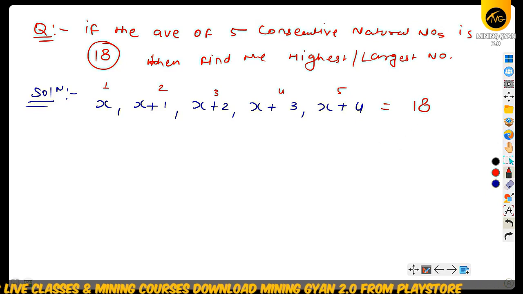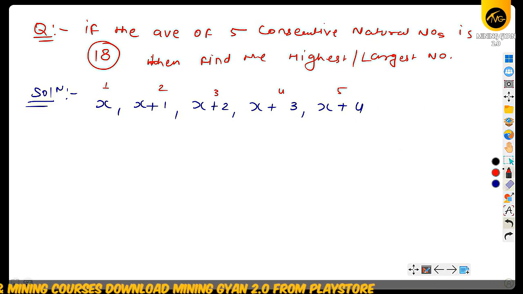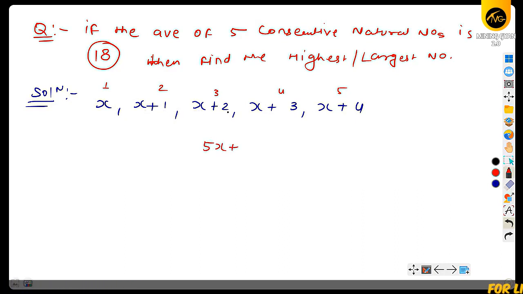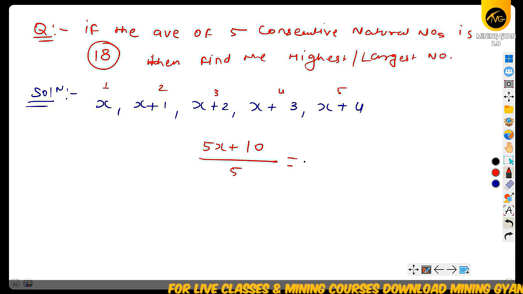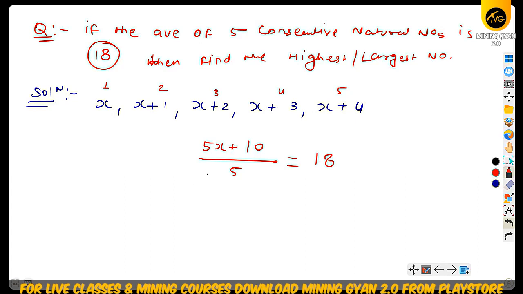So just the sum of these numbers: 5x plus 1, 2, 3, 4, that is 10. Divided by 5 consecutive numbers, that means divided by 5, and the average is 18. So just find the value of x and you will get the largest number.